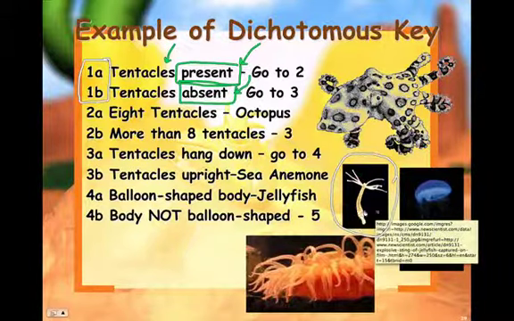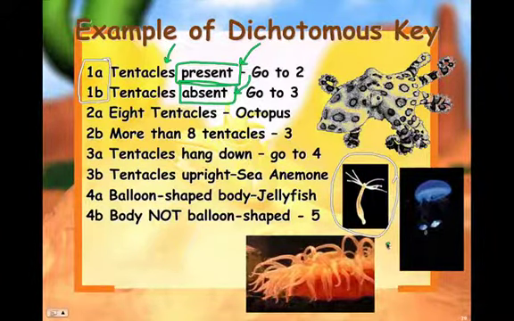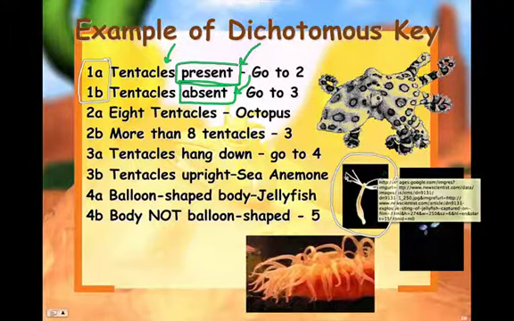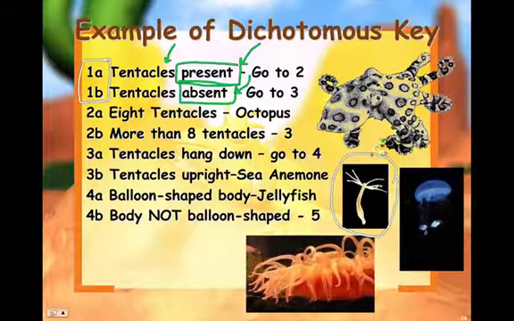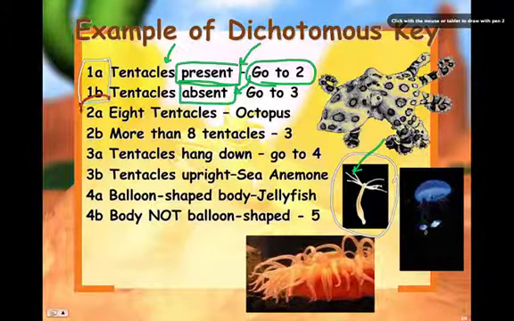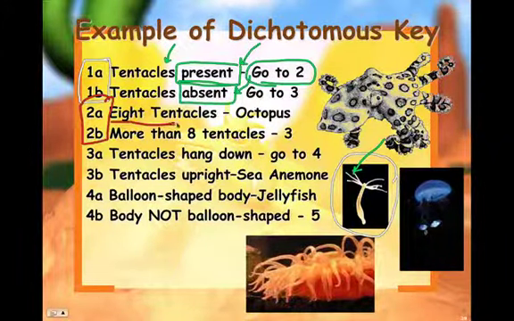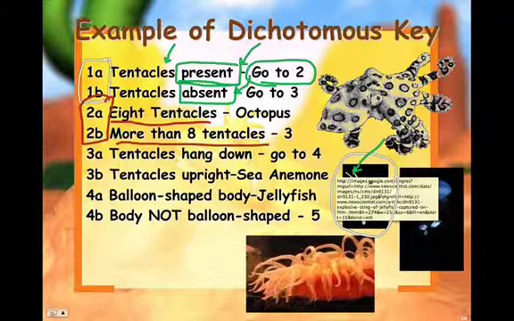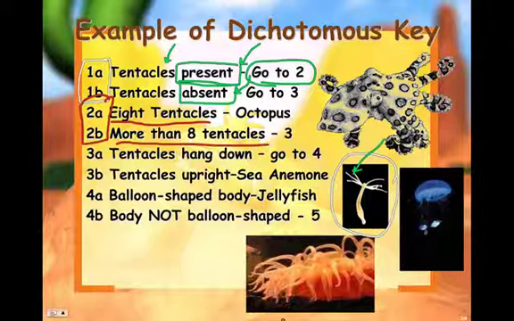If we're looking at this particular organism over here, we do have tentacles, because these are your tentacles. So if tentacles are present, we go to number 2. Number 2 says, notice it's in pairs again, either it has 8 tentacles or more than 8 tentacles. If we count them, we would see that there are more than 8 tentacles.